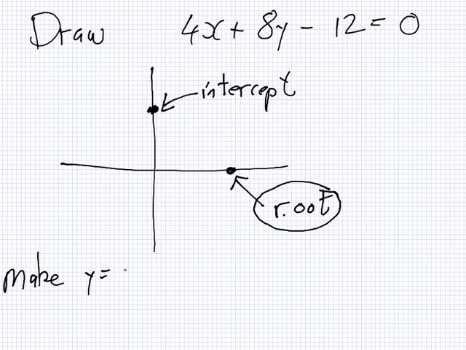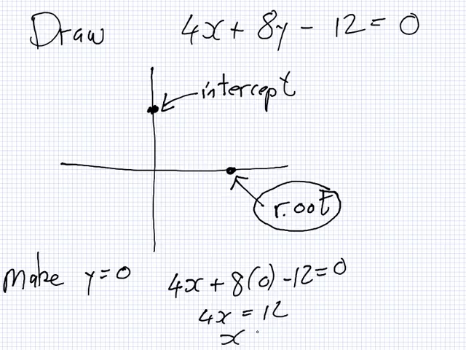y equal to 0. So you have 4x plus 8 times 0 minus 12 equals 0. 4x equals 12, so x equals 3. Because you know on this line y equals 0. And how can I find this one?